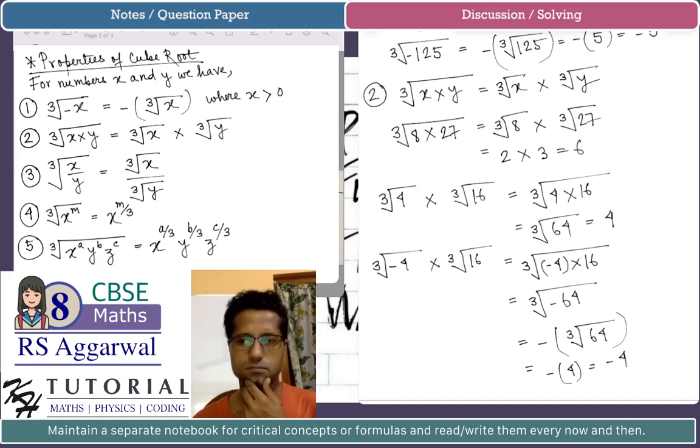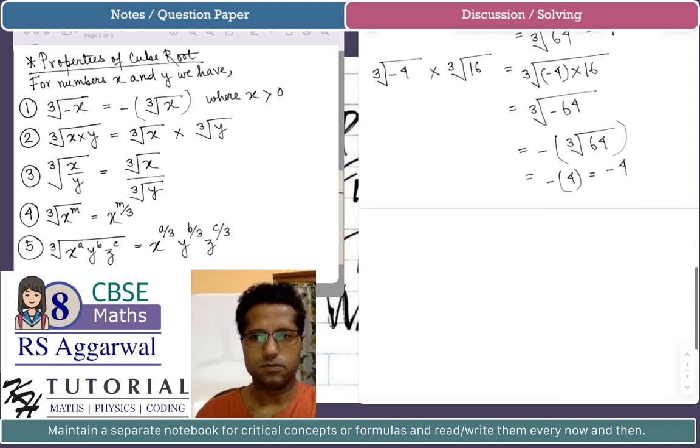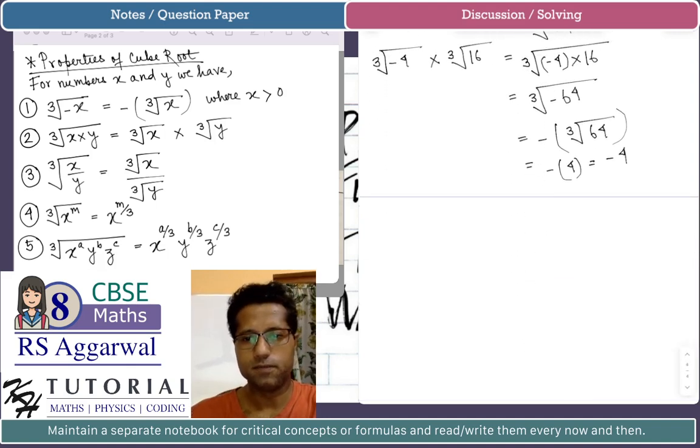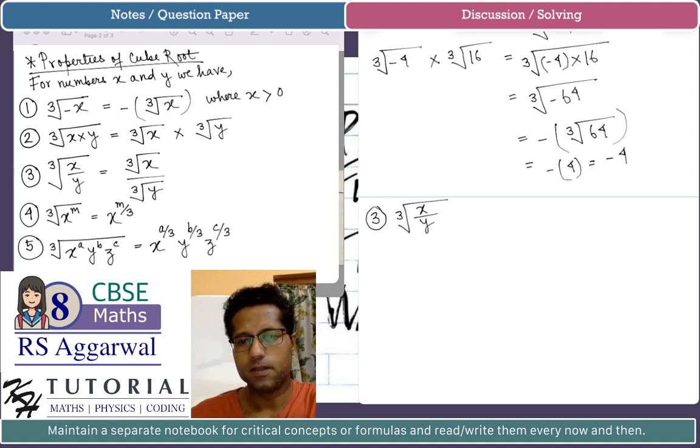So, property number 3 is basically the cube root of a rational number. If you are asked to find the cube root of a rational number of the form x by y, where obviously x by y is a rational number, then this is equal to cube root of x divided by cube root of y.